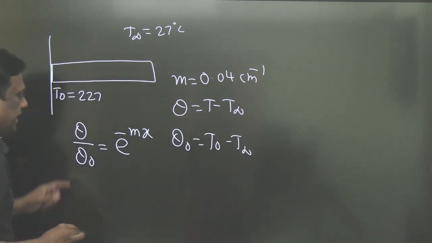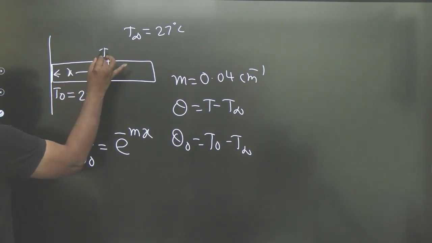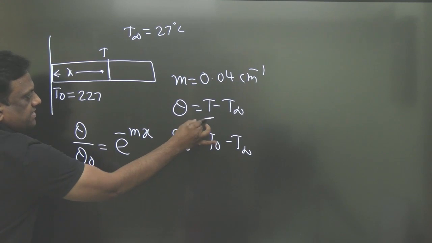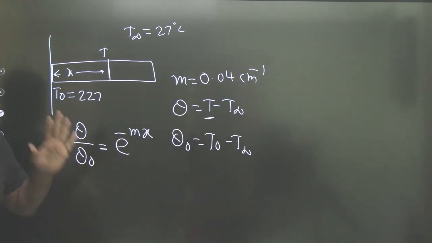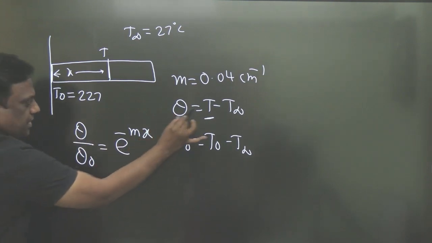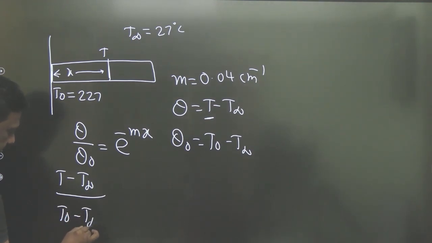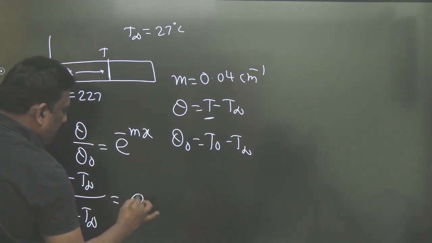T is the temperature at any distance x. This was the equation derived when it is an infinitely long fin. So (T minus T ambient) by (T naught minus T ambient) is equal to e power minus m x.